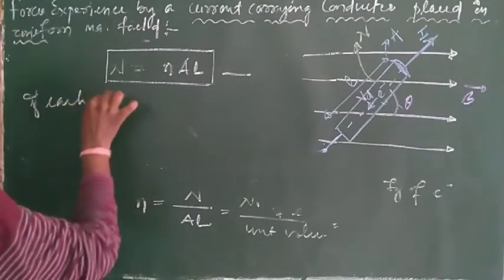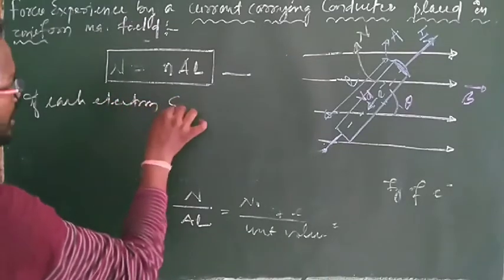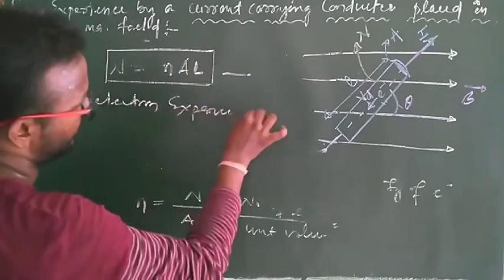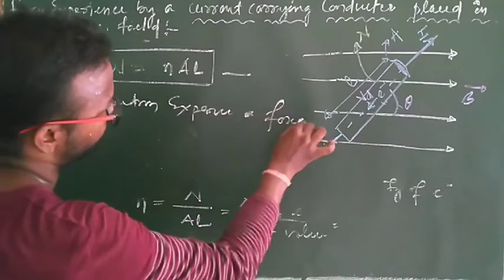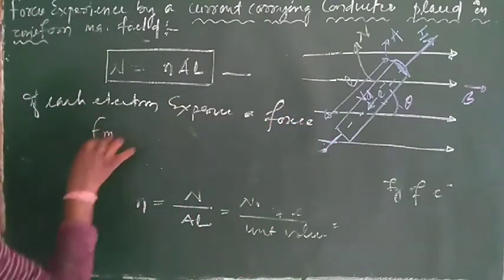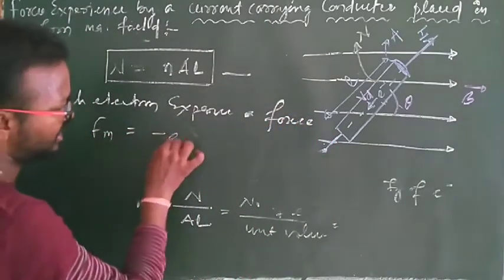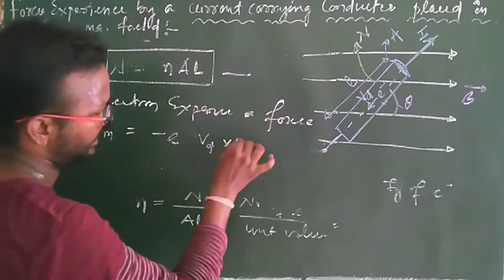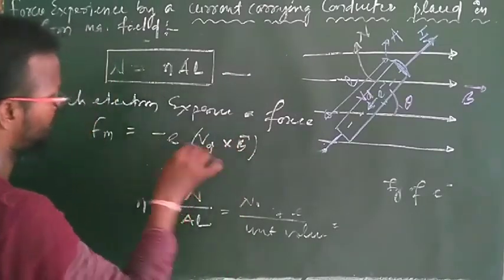If each electron experiences a force, that is Fm, which is equal to minus e Vd into B from equation 1.